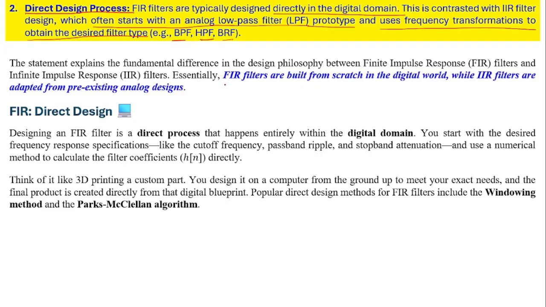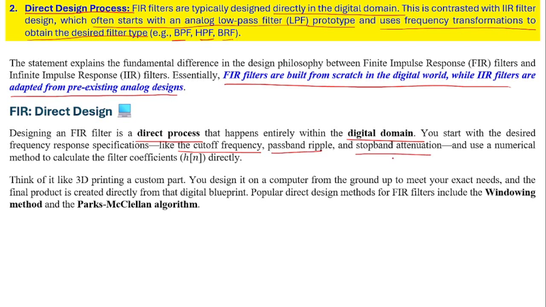As I told you, FIR filters are built from scratch in the digital world, while IIR filters are adapted from pre-existing analog filters. Okay, so designing an FIR filter is a direct process that happens entirely within the digital domain. So that makes our life easy. You start with the desired frequency response specifications like the cutoff frequency, the pass band ripple, the stop band attenuation.